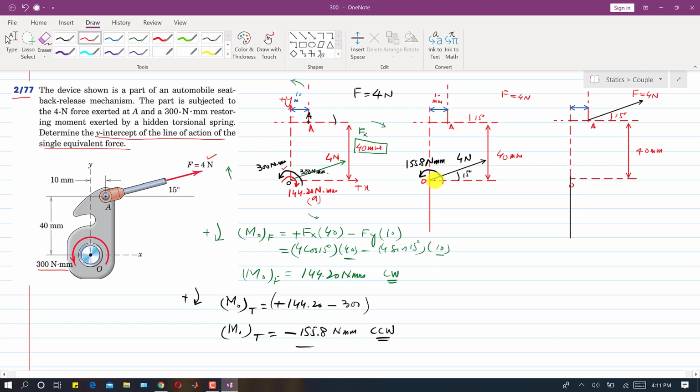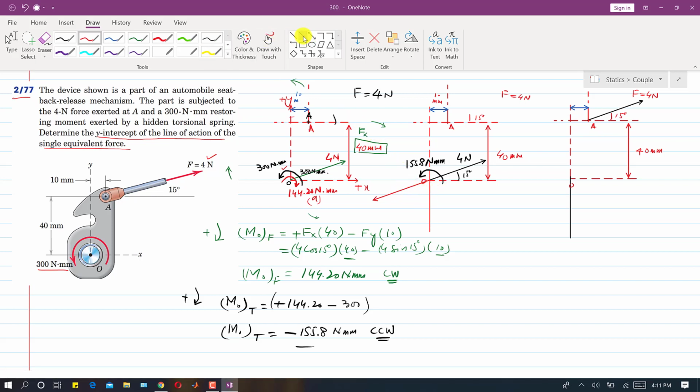Now if you want to replace this force couple system with a single force, we will draw another force in the opposite direction of this force, parallel to it, and it should be here, right? And in order to produce this counterclockwise couple, we need to produce a force at some distance from this point O, opposite to this force.